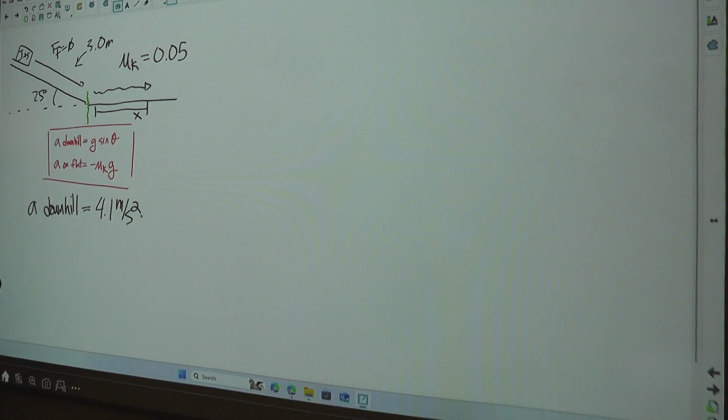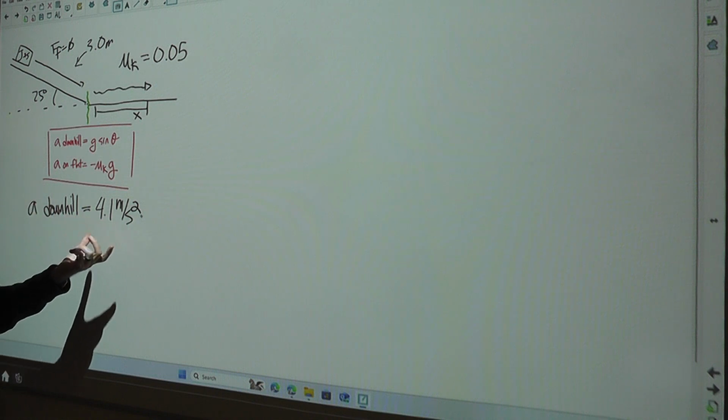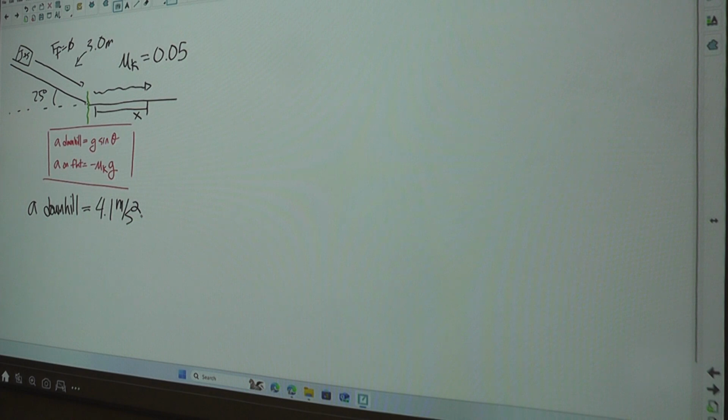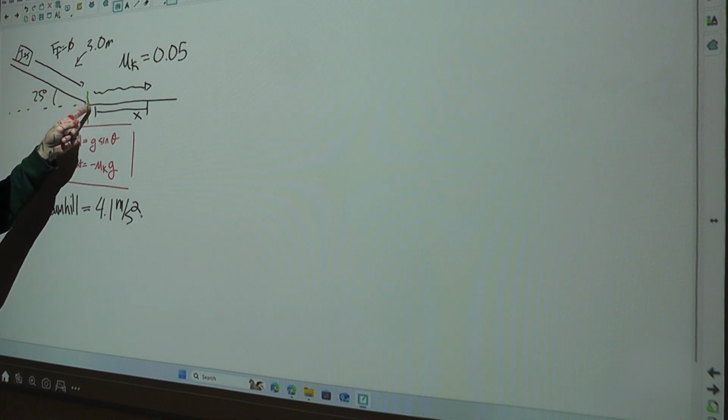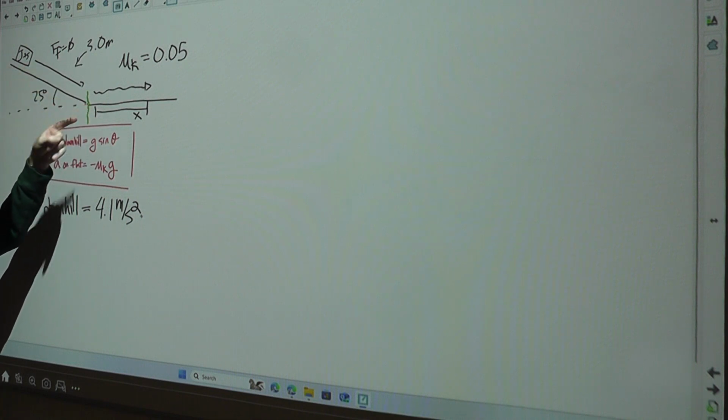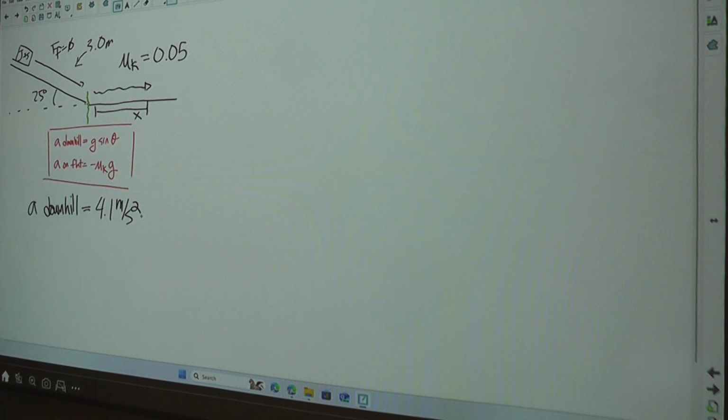After 2 seconds, they'll be traveling 8.2 meters per second or so. Because of that predictability, we can figure out how long it would take to go 3 meters, and how fast he'll be going at the end of 3 meters. You'll see in a second that that's what we're going to need, okay?